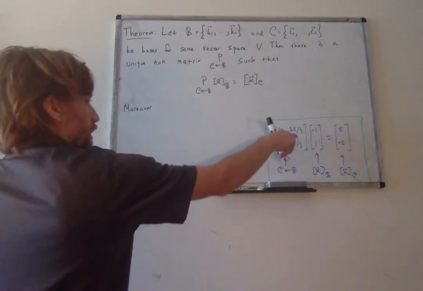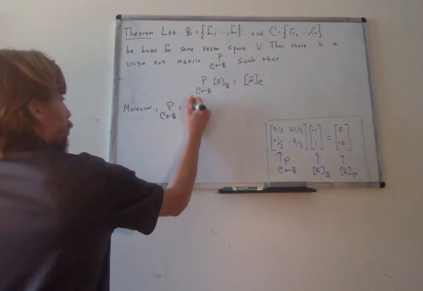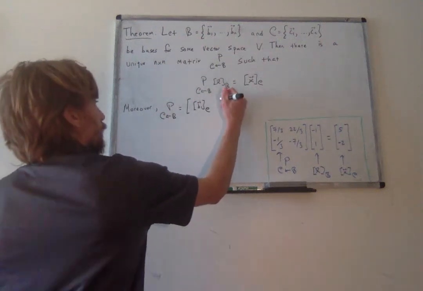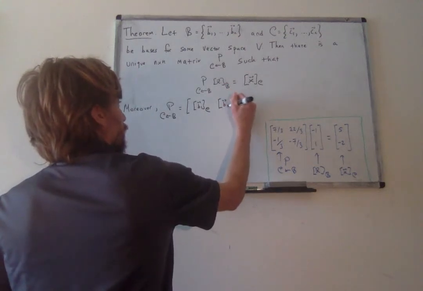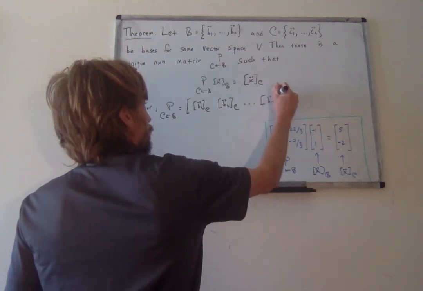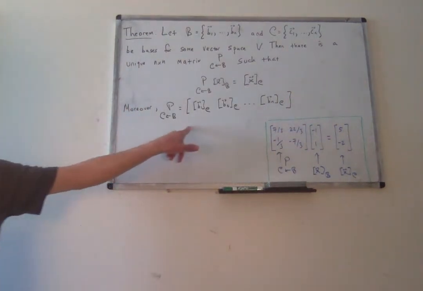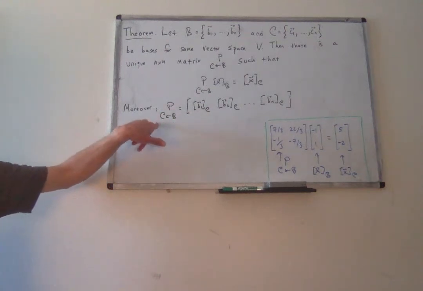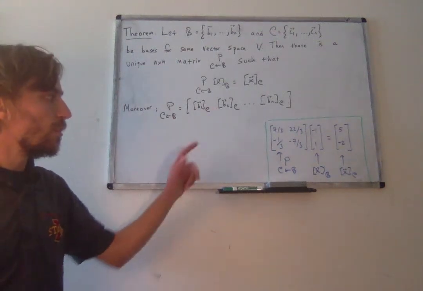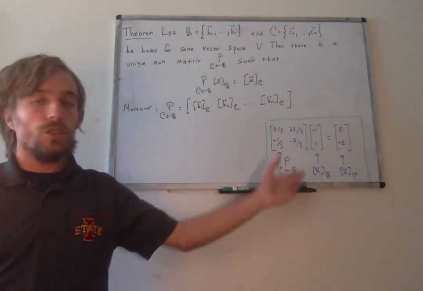We took the C representations of each of our B vectors, and it turns out this is always how we find our change of coordinates matrix. The change of coordinates matrix P from B to C is always the matrix whose columns are given by the C representations of our B vectors. That is, solve for each of the B vectors in terms of the C vectors and make those your columns.